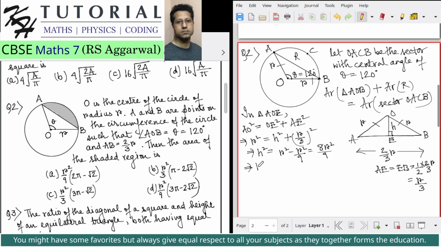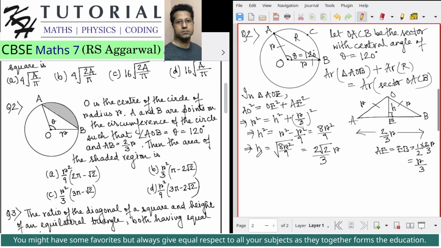So H will be the square root of 8R square by 9, which is equal to 2 root 2 by 3 R. Okay, so H we have found.